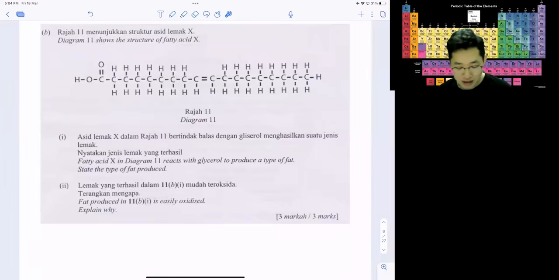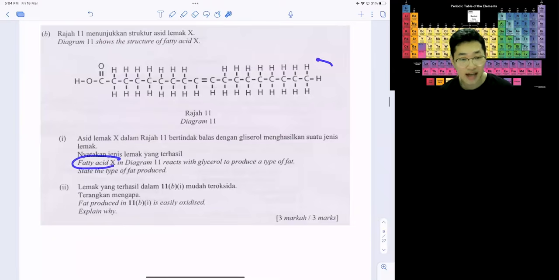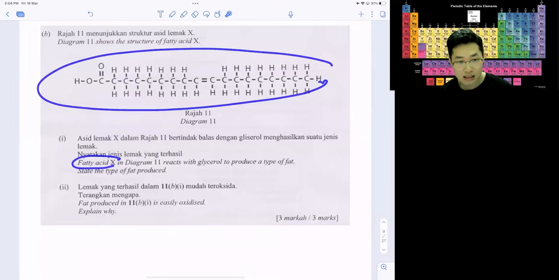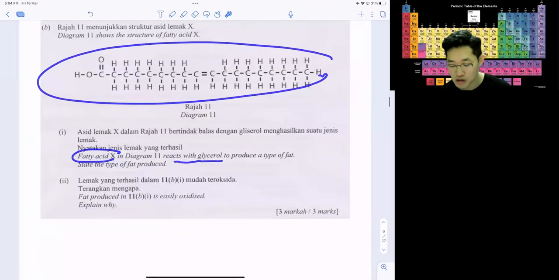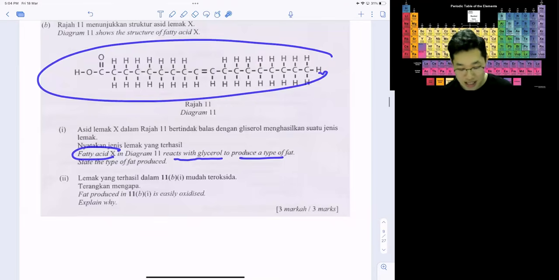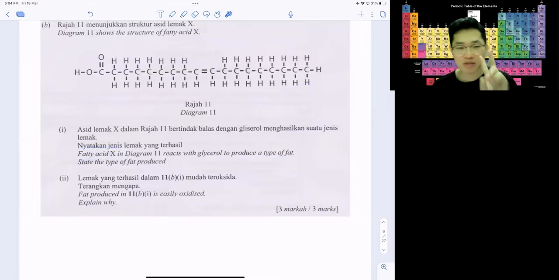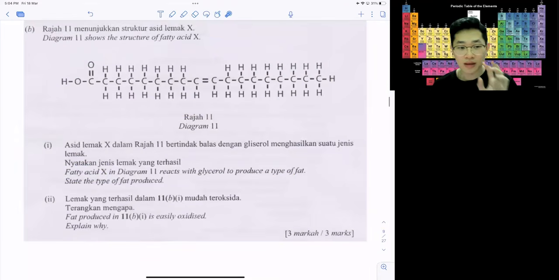So fatty acid, state fatty acid X. This is a fatty acid. I don't think fat will come up, but since it's here, it reacts with glycerol to produce a type of fat. State the type of fat. We have 2 types of fat and also 2 types of fatty acid. This one got double bond.